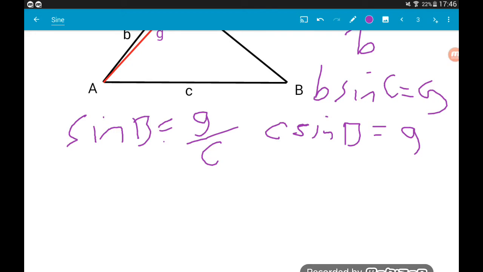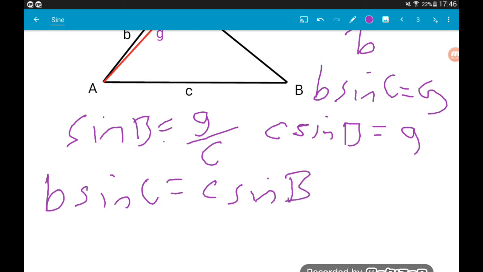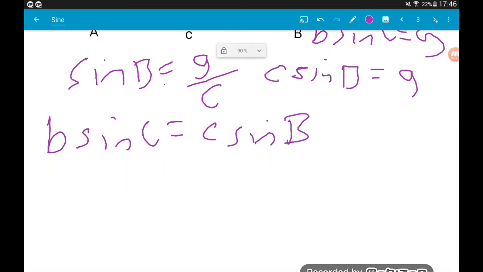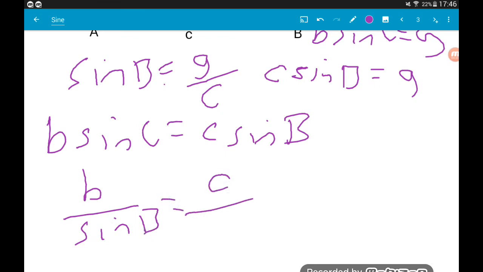So they're both equal. So this tells us that B sine C is equal to C sine B. And then again, divide by the sines. We will get B divided by sine B is equal to C divided by sine C, as we wanted.